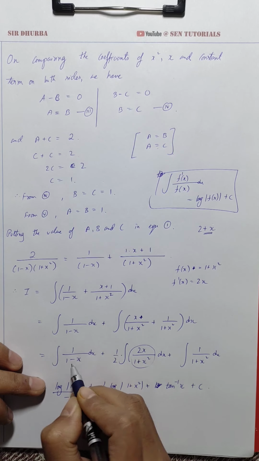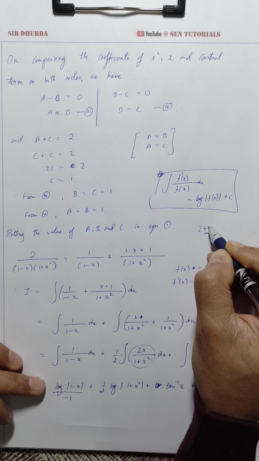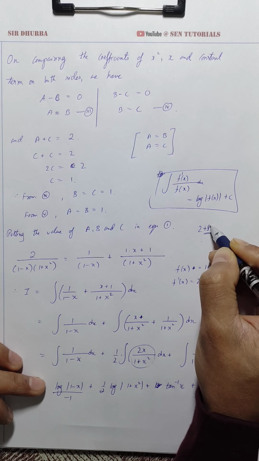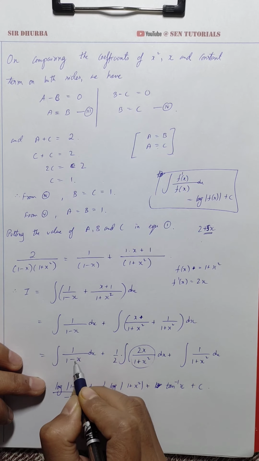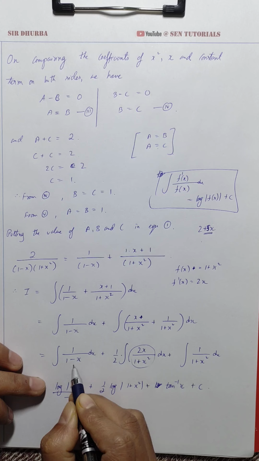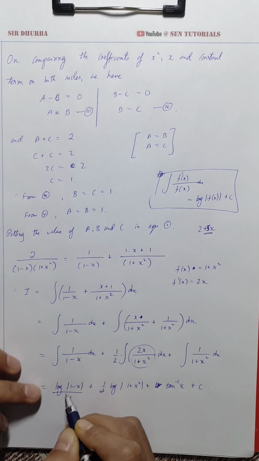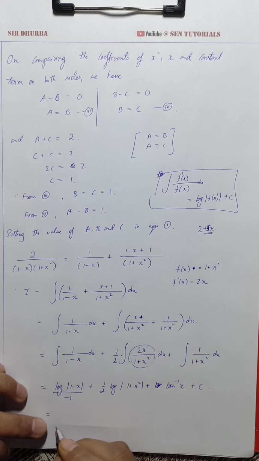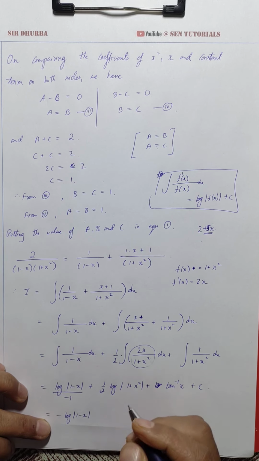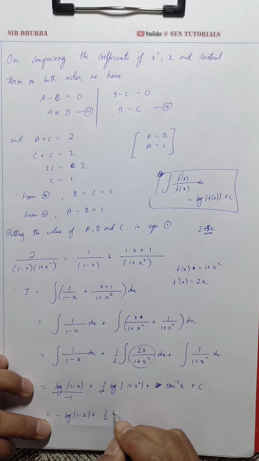If you have a coefficient along with the variable, then whatever value you find after integration, you divide that by the coefficient. So here we have minus 1. After getting the integral, we divide it by the coefficient of x, that is minus 1. If you use the substitution method, you're going to get the same value. So this is just the direct method, without using substitution. In previous videos I have already told you about this, just a reminder again.